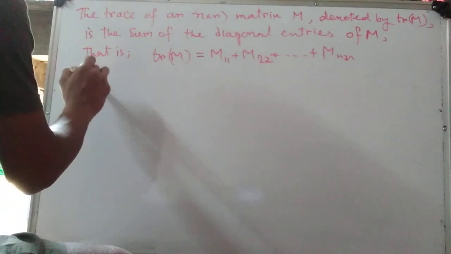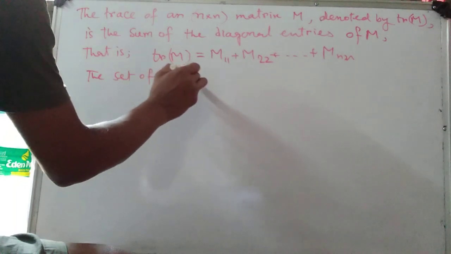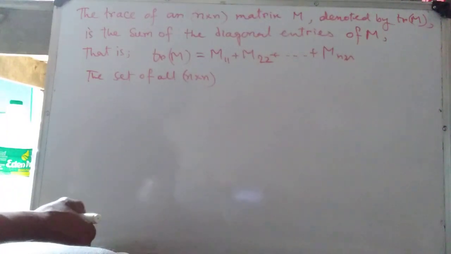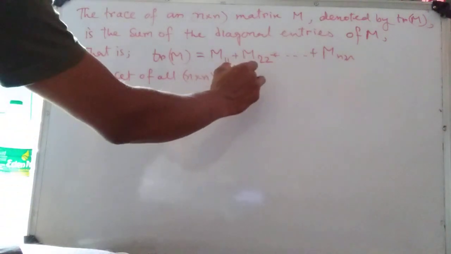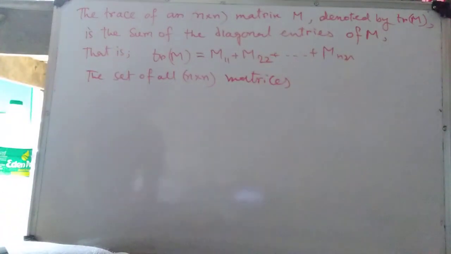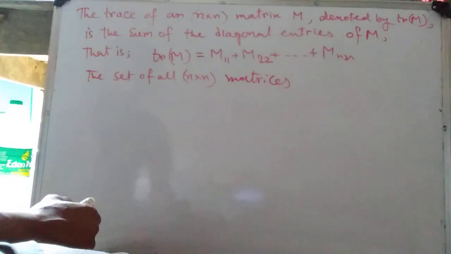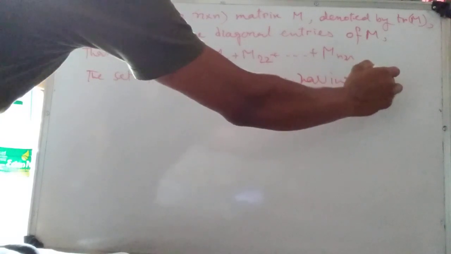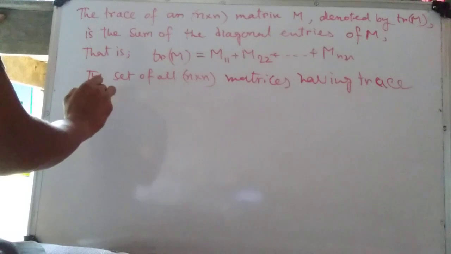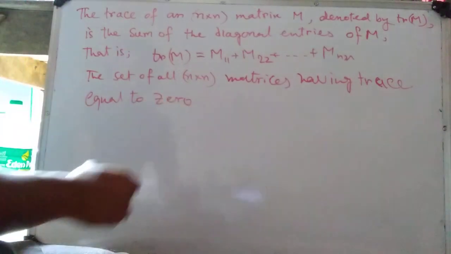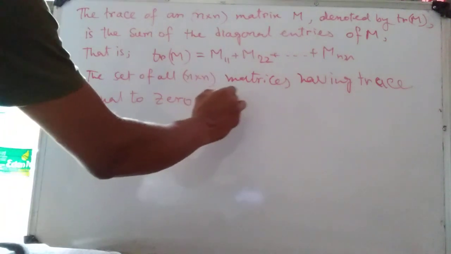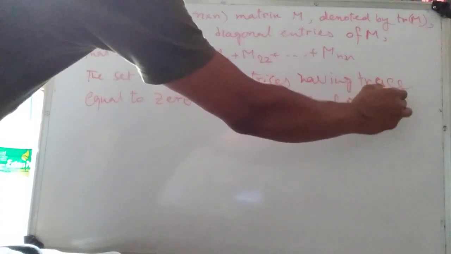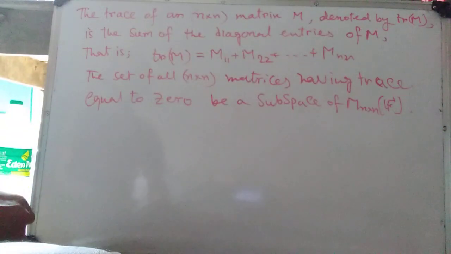Then the set of all n cross n matrices having trace equal to 0 obviously is a subspace of M n cross n F. How does this happen to be a subspace?